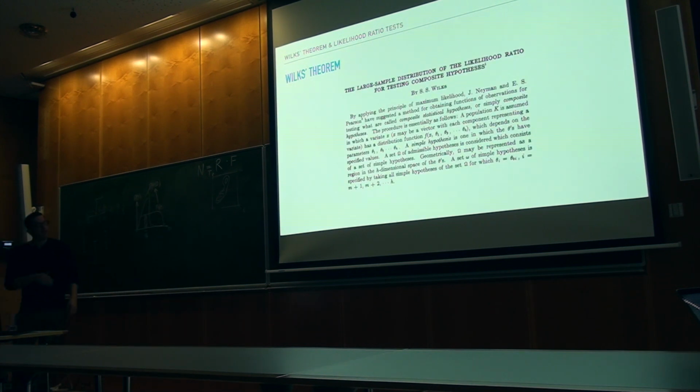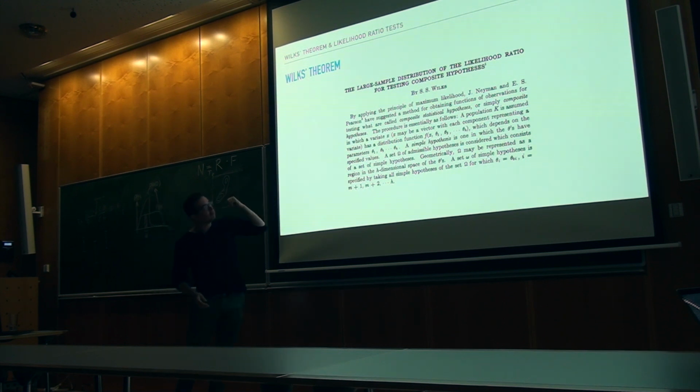Now, Wilks set up the problem like this. It's a 2-page paper, and I think everyone that's doing any kind of data analysis should read this. I just want to show this is the original paper back in 1934, and how he set up all of these regularity conditions already in the paper.